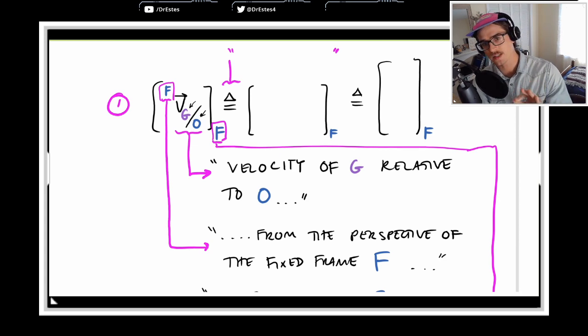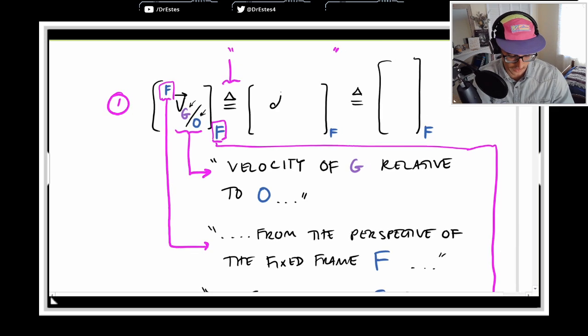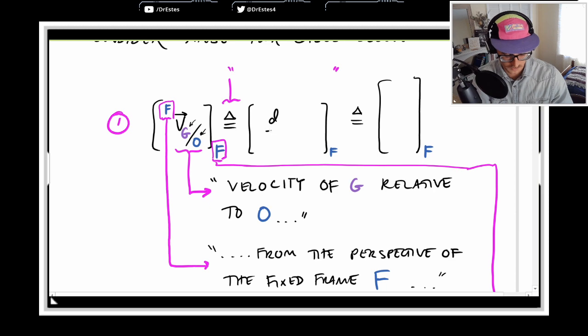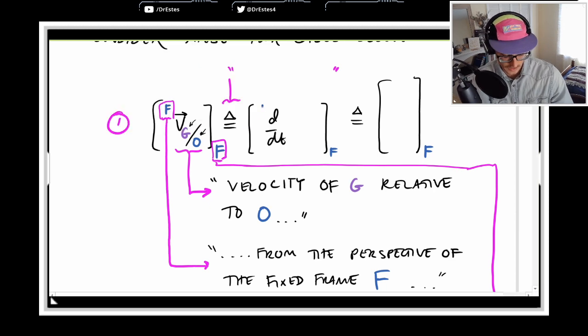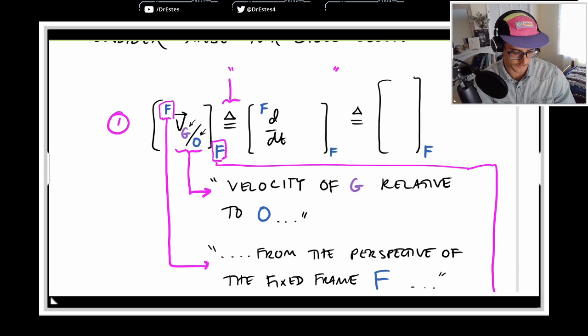Well, when I say from the perspective of, I mean taking the time derivative with respect to the f-frame. So let's do that. So this velocity, what it's really saying is if I take the time derivative with respect to the f-frame, that's what this superscript on the left is saying.